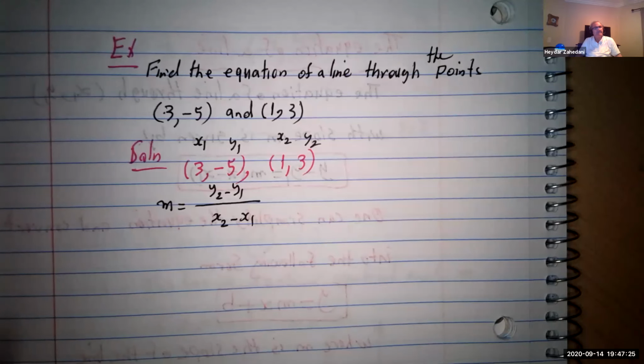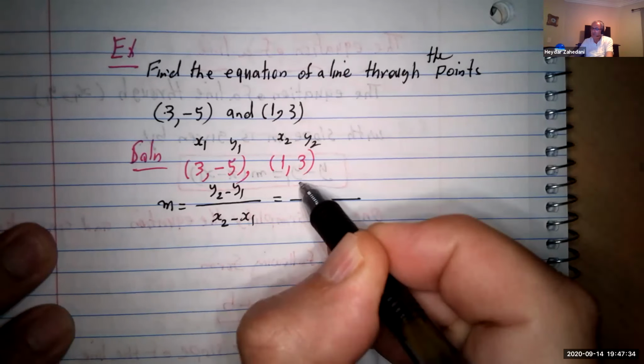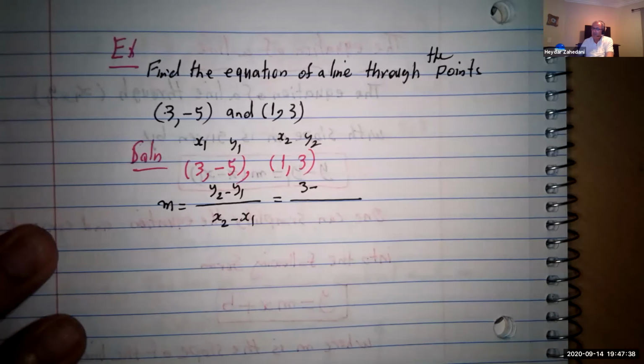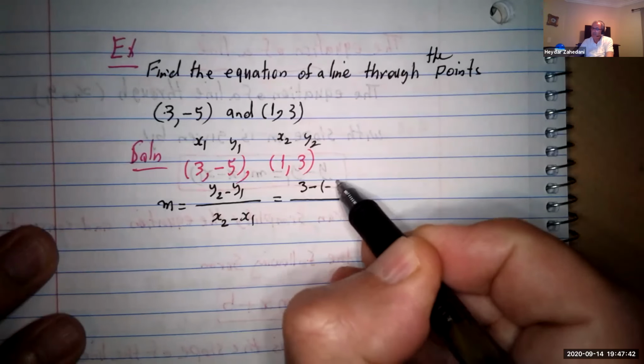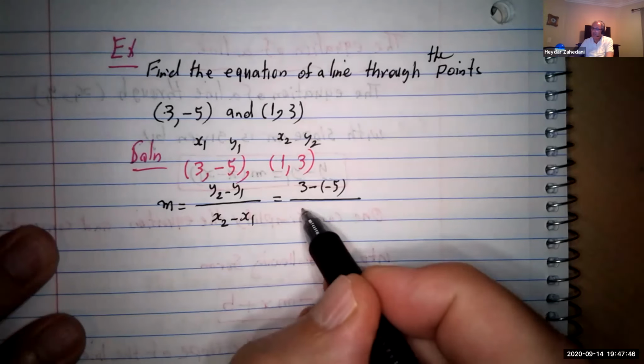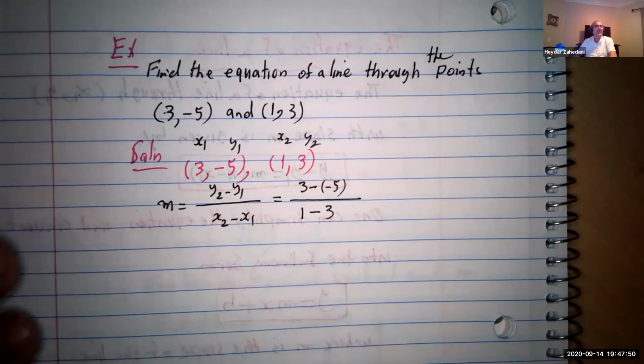Substitute the values from the given points. It's going to be equal to y2, which is 3, minus y1. y1 is -5, and you have to put it inside the parentheses, -5. Divide by x2 minus x1. x2 is 1, minus x1, which is -3. Any question?